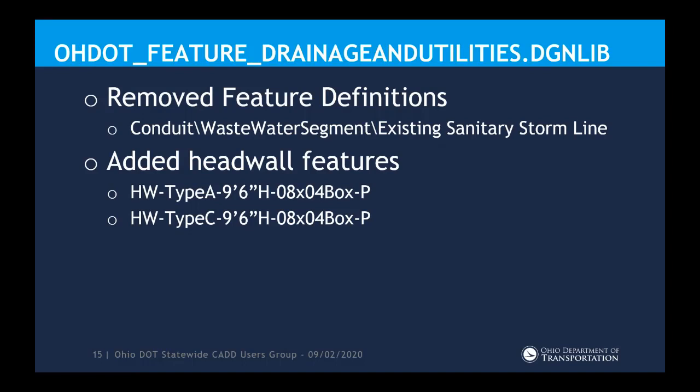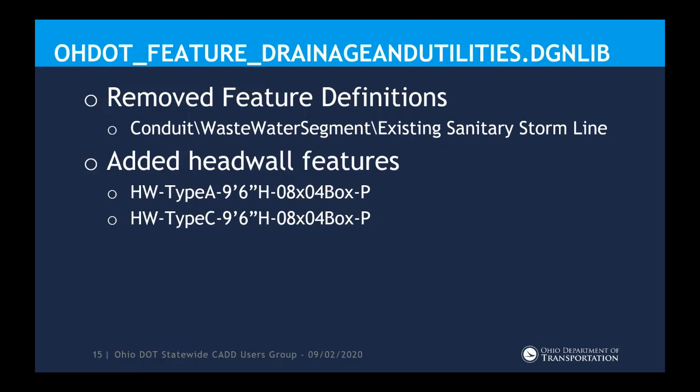The feature definition shown here was removed for the existing sanitary and storm line, and a couple of head walls were also added. If you need additional head walls or pipe features added, submit a support request, and I think we have a few that were recently submitted that are kind of in the queue waiting to be added in here.